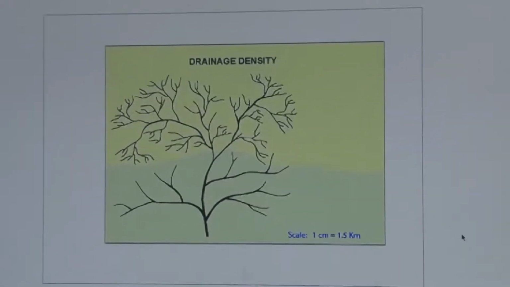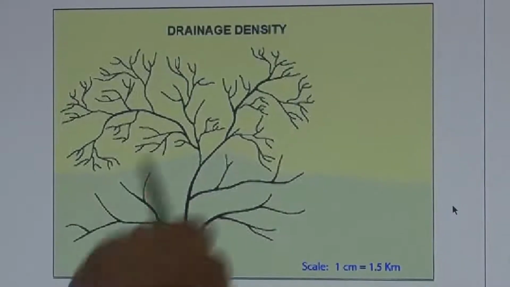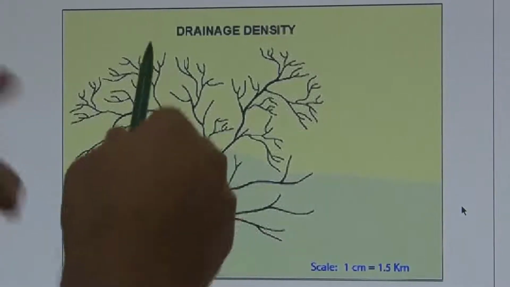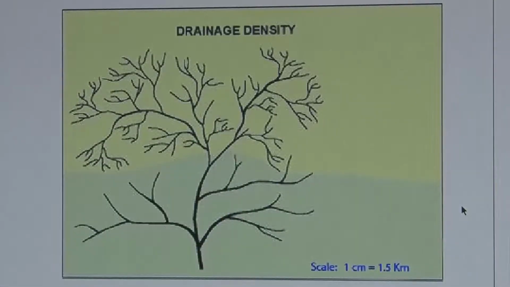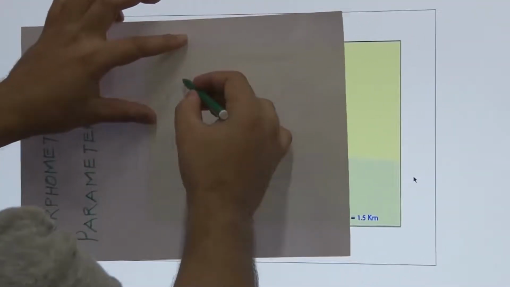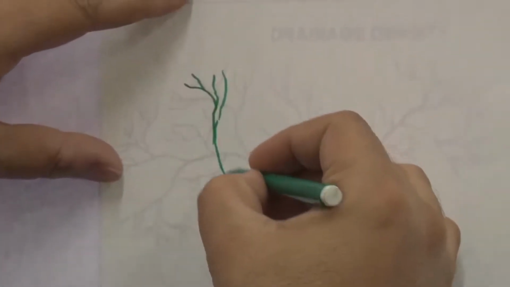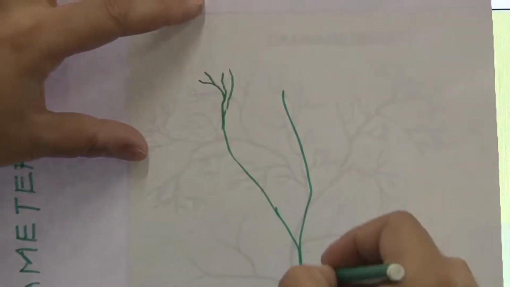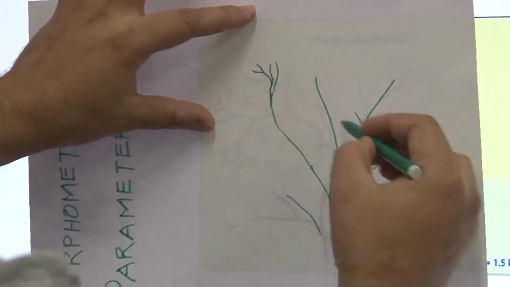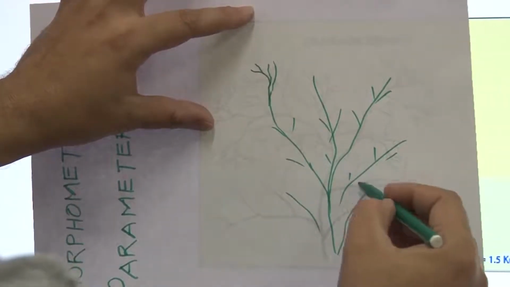Suppose this is the image and you have extracted the drainage by simply drawing these streams from an image like this. Suppose an image was given to you and you have just drawn all the streams and tributaries, which you can do very easily.